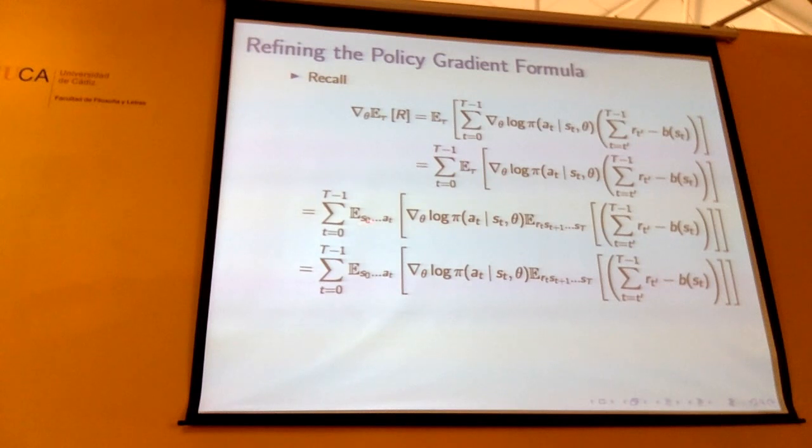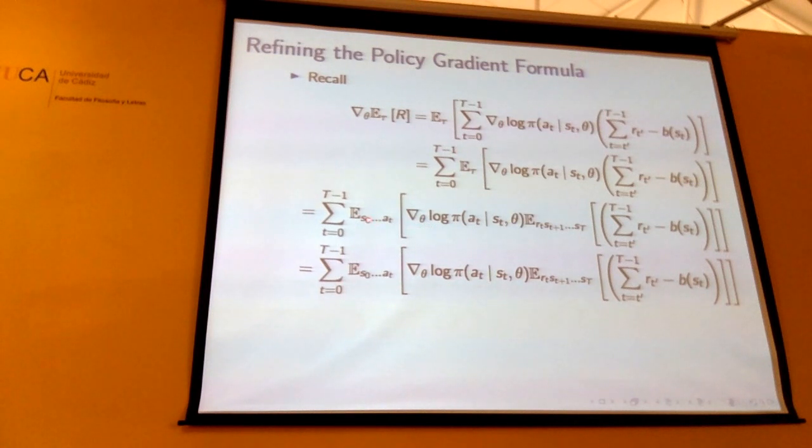We can consider all the variables of the trajectory as being sampled sequentially, so we can consider some ordering of the variables: state, action, reward, and so on. And we're going to split up the expectation into two parts. First, we take the expectation over all variables that happen before action sub t.